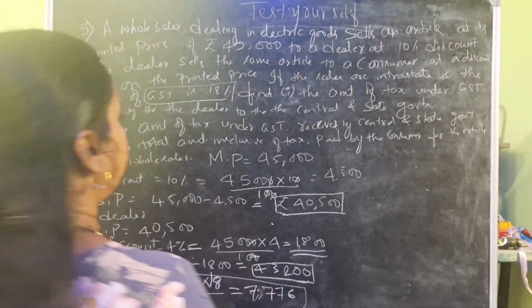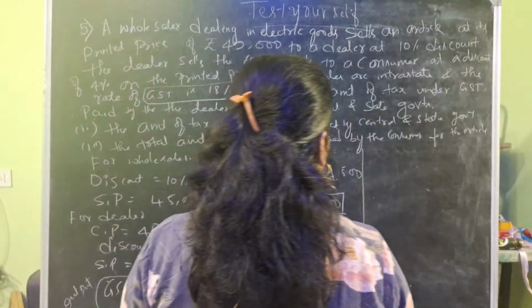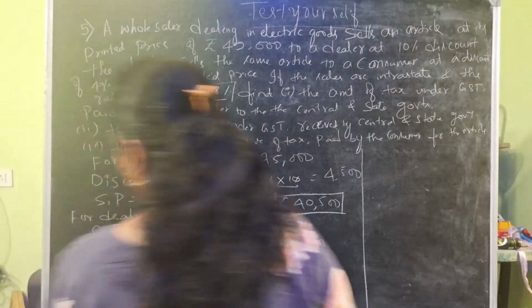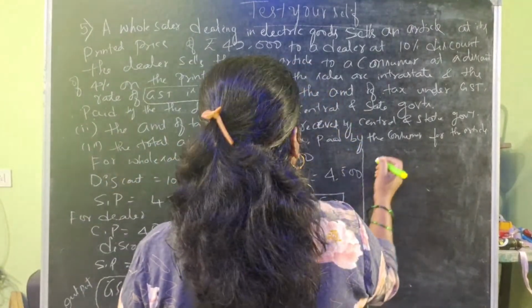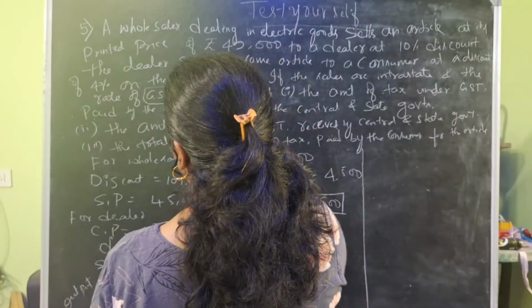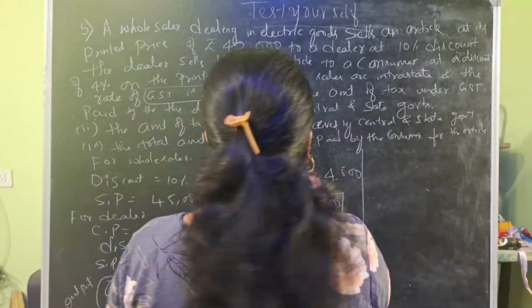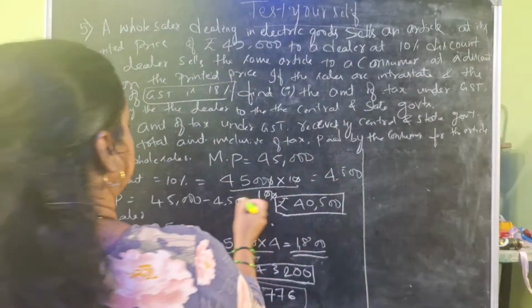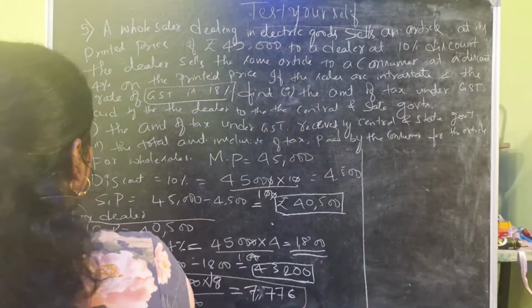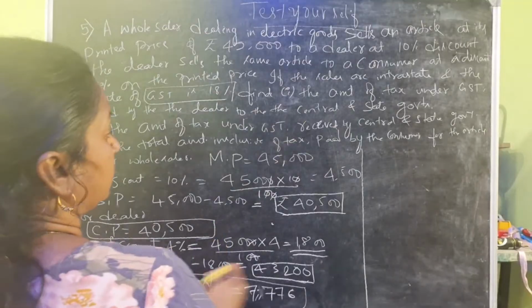And again we have to find the input tax for the dealer. That is, the dealer buys an article for rupees 40,500, the cost price. Based upon this cost price, we have to find the input GST.